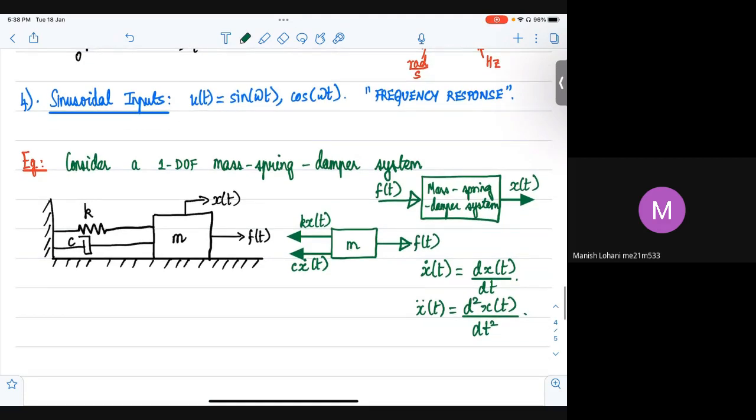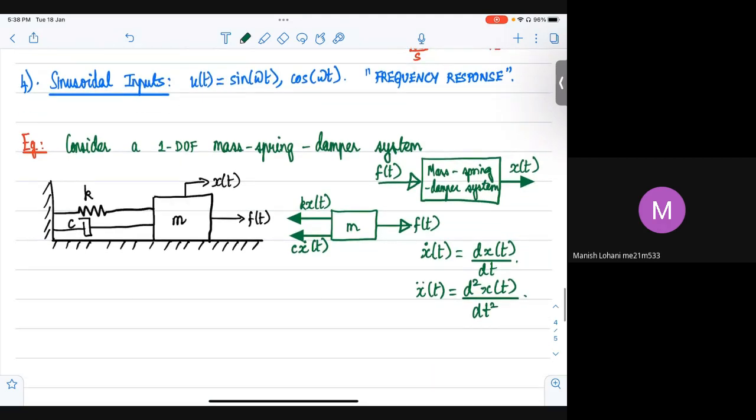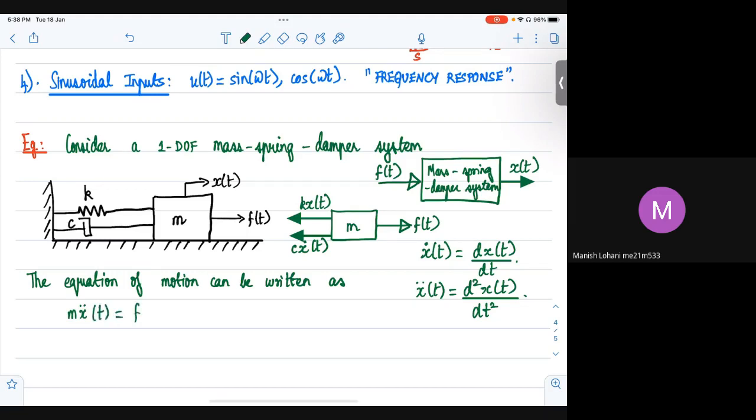So essentially, having drawn the free body diagram, we can readily write down the equation of motion. The equation of motion for the mass spring damper system can be written as the following: m x double dot(t) is equal to F equal to ma, right?